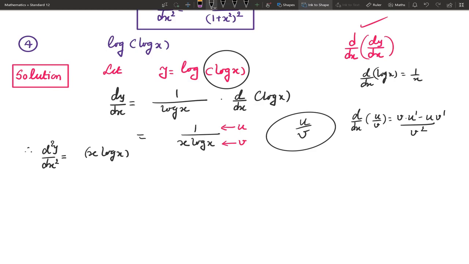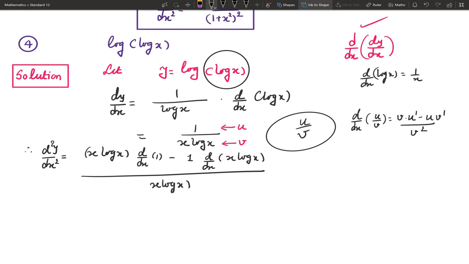V into derivative of u, so d by dx of 1, minus u into d by dx of v, x log x, upon v square, so x log x whole square. So here we have used the division formula.